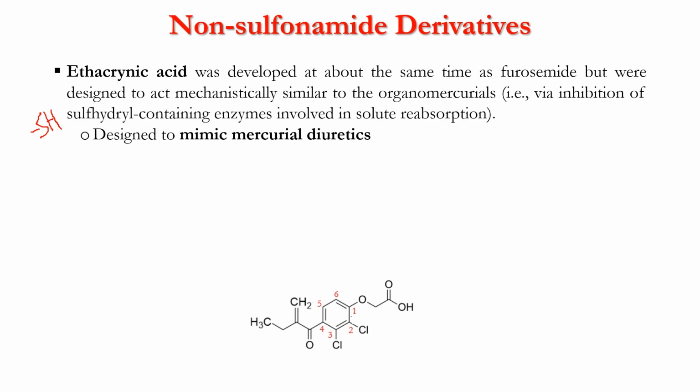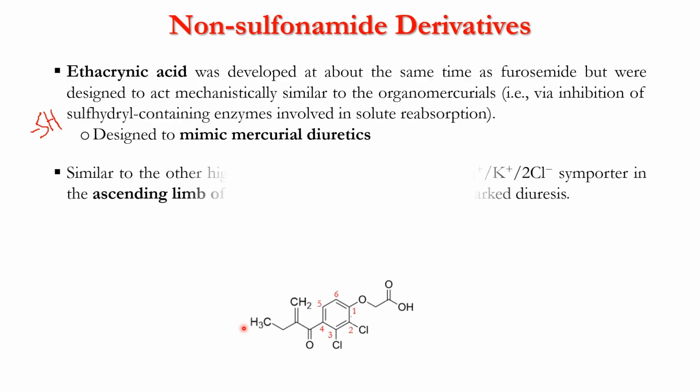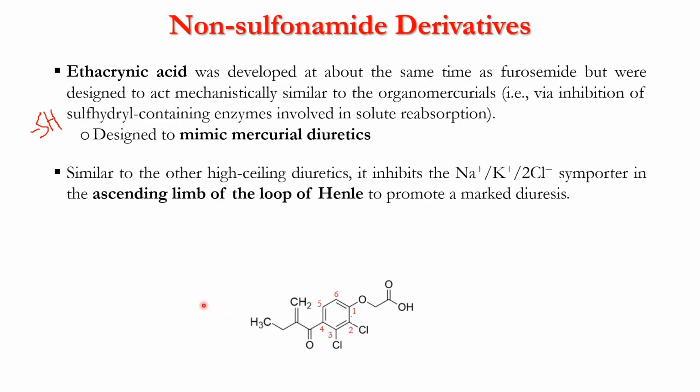As we have seen in the structure, this molecule does not contain any sulfonamide group, so we can say that it is a non-sulfonamide derivative. It has a similar action to the other diuretics, inhibiting the sodium-potassium-chloride symporter in the ascending limb of the loop of Henle, promoting a marked diuretic activity like furosemide and the other bumetanide analogs.